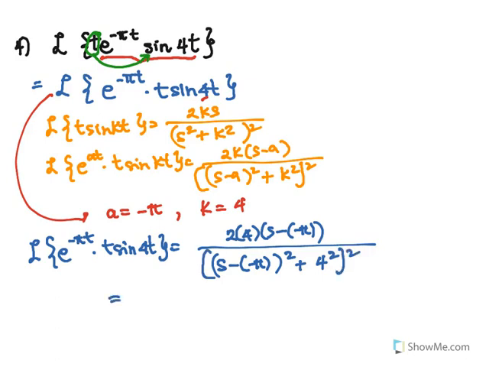Or we have 8 times s plus pi all over s plus pi squared plus 16, quantity squared.